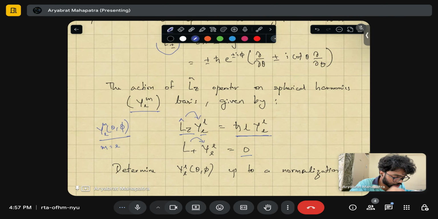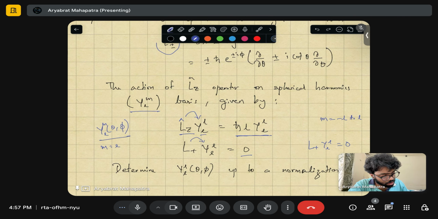So then you have to compute. One idea you can get from here is that it is obvious that when L plus acts on YLL, it has to be 0, because, as I said, m can go from minus L to L. So the maximum state, we write Lm for YLM, the maximum LM state can be LL.